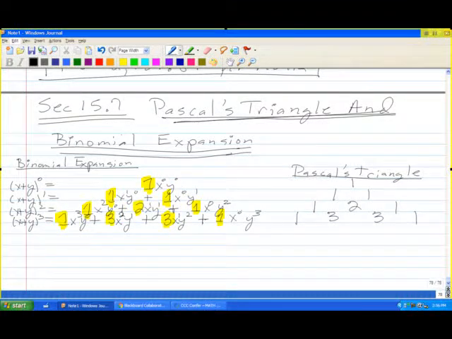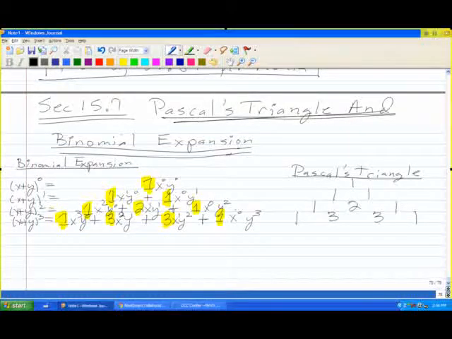If you notice, in the expansion, the coefficients are just the coefficients of Pascal's triangle. If I look here for the x's, they start out at whatever the power is, 1, then they keep going down, 1, 0, etc. Whereas for the y's, they start at 0 and keep going up: 0, 1, 2, 0, 1, 2, 3. Whereas for the x's, they go down, 3, 2, 1, 0.